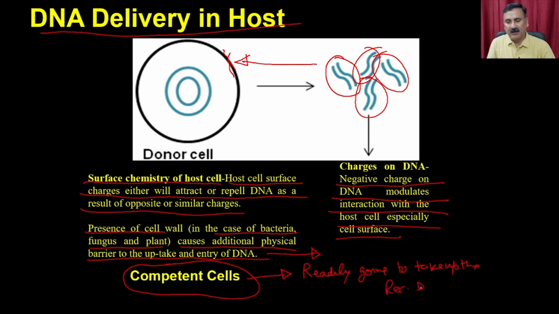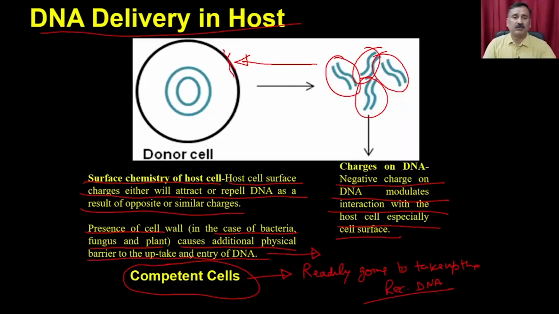You are supposed to prepare these competent cells, which means wild type cells are not competent enough. They are not going to take up the DNA, but you can treat them in such a way that it changes the surface chemistry of the cell surface, and that's how it is going to take up the DNA.